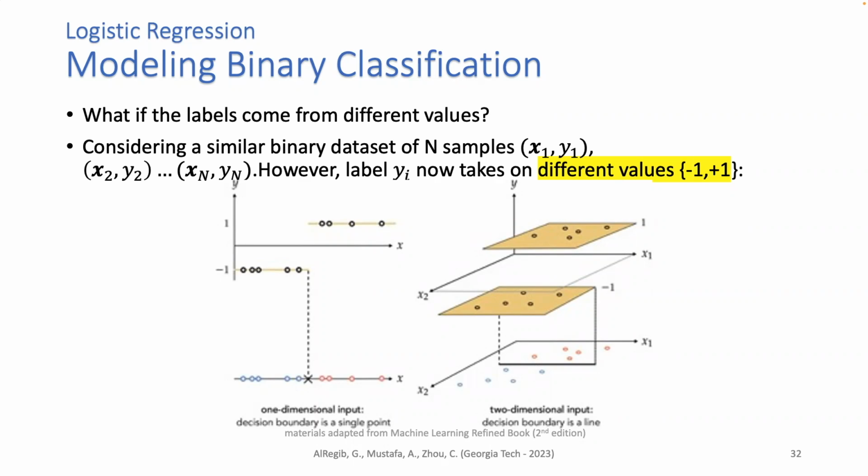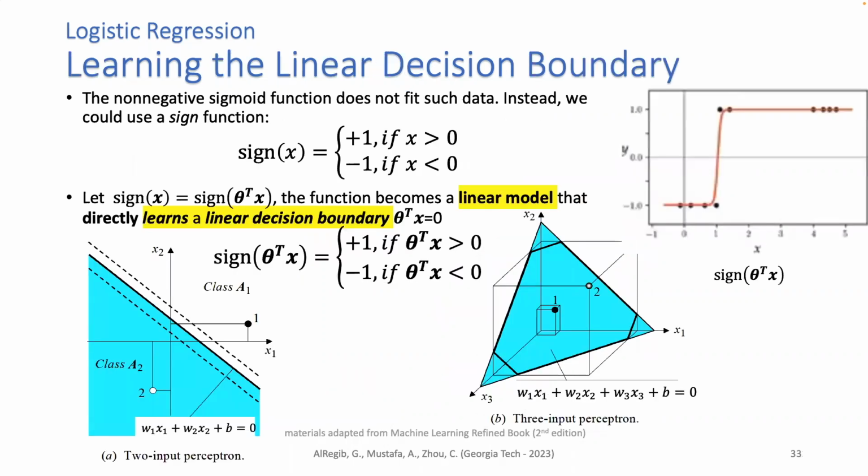Okay. So let's really model this. One way to model this, where I have negative 1s and 1s, is the sign function, right? I have the sign of the input x. If the sign is positive, then the output is 1. If the sign is negative, then the output will be negative 1, right? So that could be one function. Now, I want to model my input using a linear combination of weights, like a weighted average.